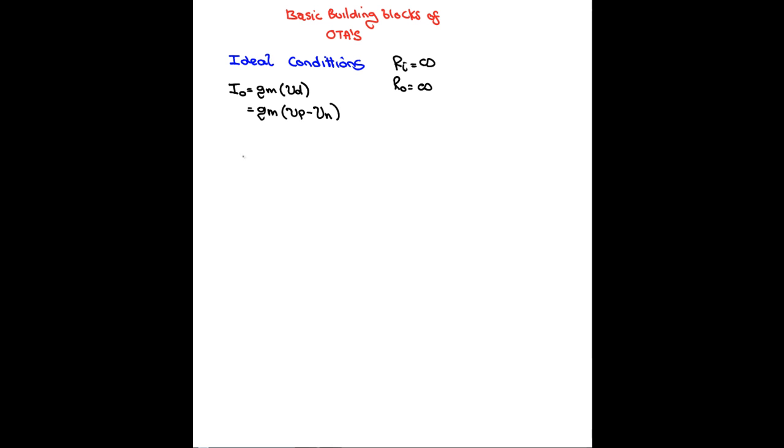And then GM is equal to IABC times K, where K is just a PVT, or process, voltage, and temperature constant.